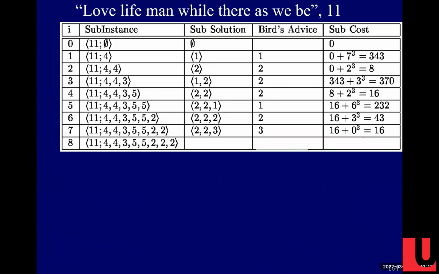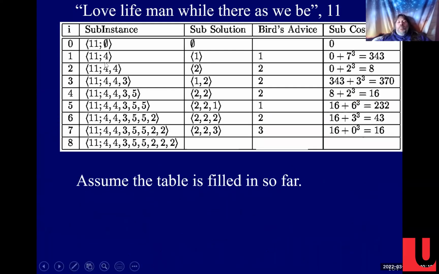All right. So let's assume that we filled out this table up to here, everything except for these entries. Because our loop invariant is that we're going to be filling this table from the beginning to the end.